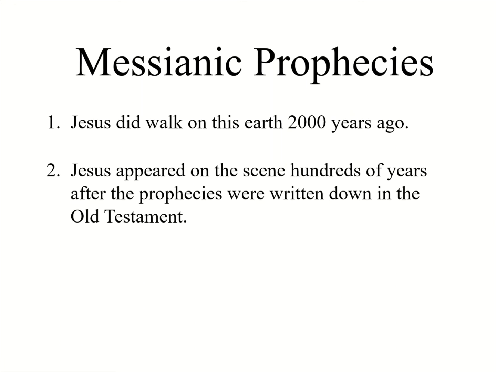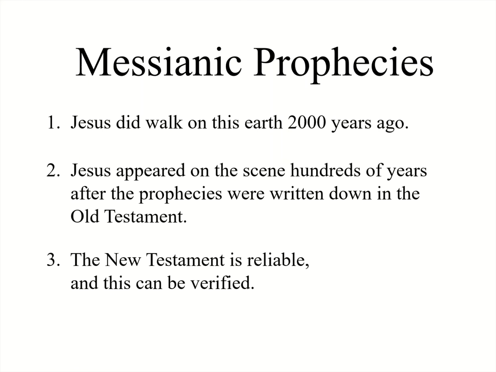Before the Dead Sea Scrolls were discovered in 1946, the most ancient Hebrew Bible documents came from around 900 AD. And the funny part about it is the Dead Sea Scrolls were virtually identical. And they were written around 200 BC, not 900 AD. The third thing that we want to look at is, we'll assume the New Testament is reliable.